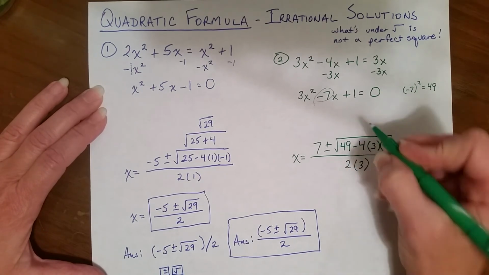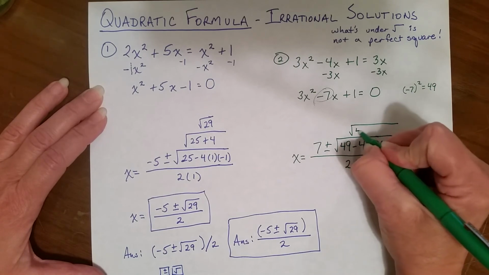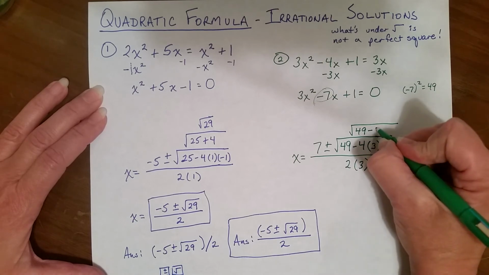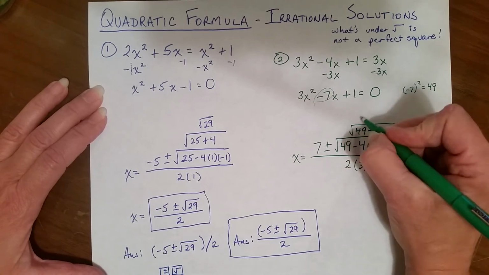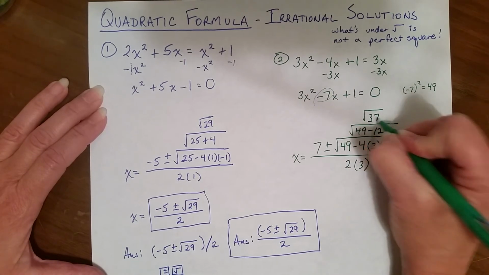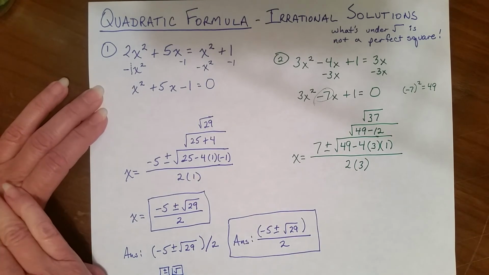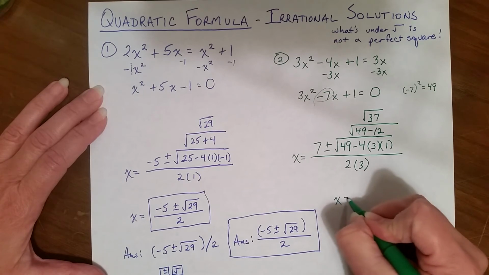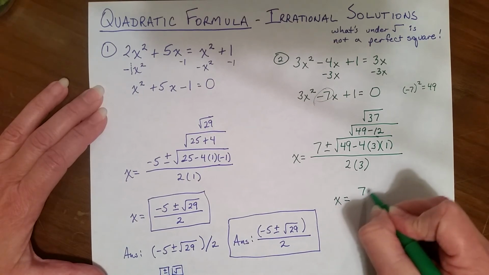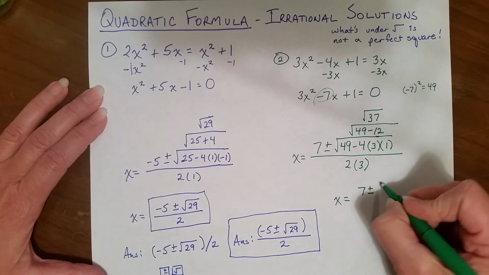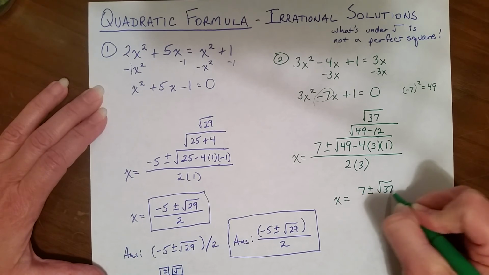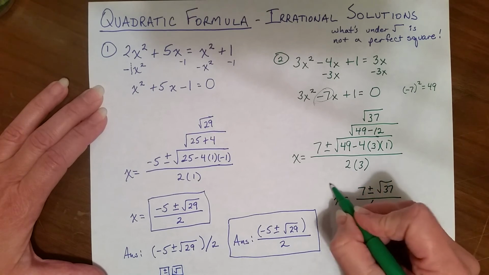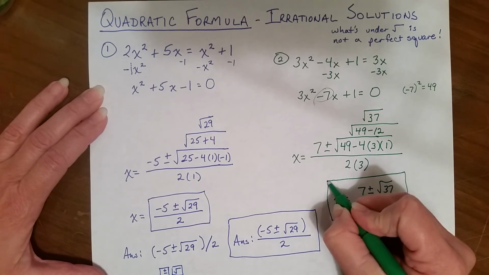Let's work this out. 49 minus 4 times 3 times 1, which is 12. 49 minus 12 is 37. Again, not a perfect square. So our answer is x equals 7 plus or minus the square root of 37, all divided by 2 times 3, which is 6. And that is your answer.